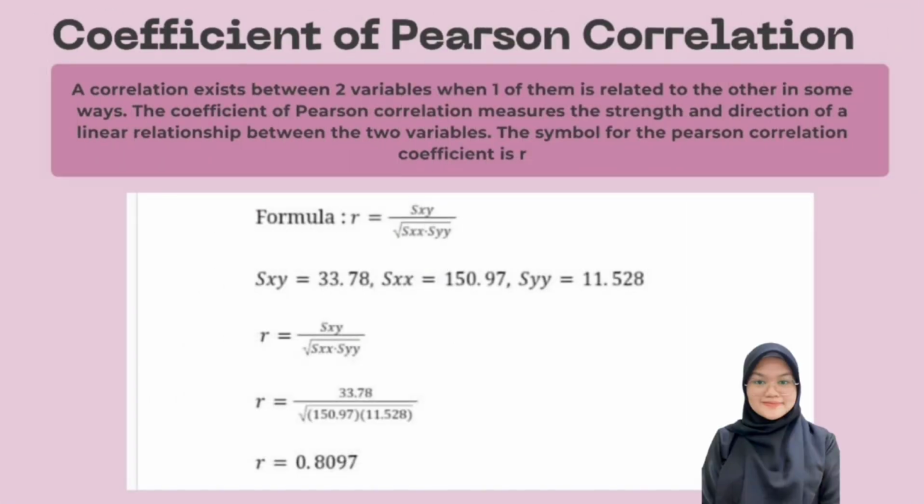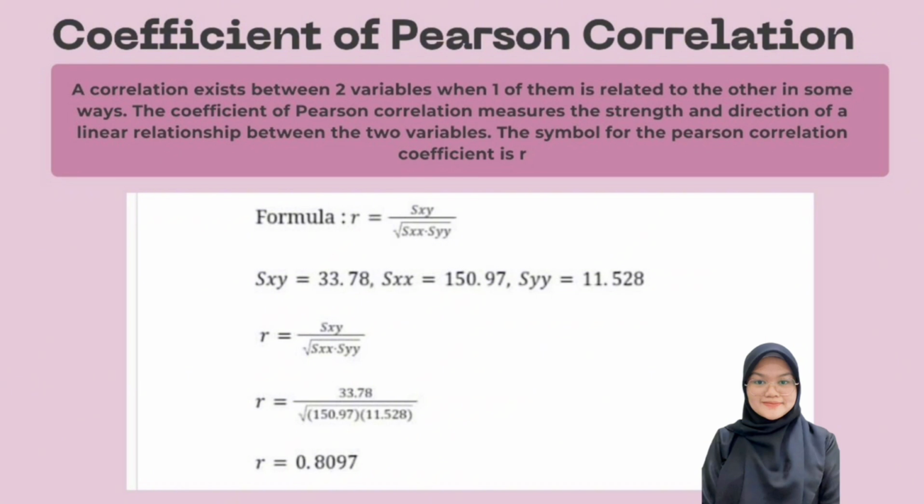And we move on to the coefficient. We use the formula Sxy divided by square root of Sxx times Syy. We know the value of Sxy equals 33.78 and Sxx equals 150.97 and Syy equals 11.528.